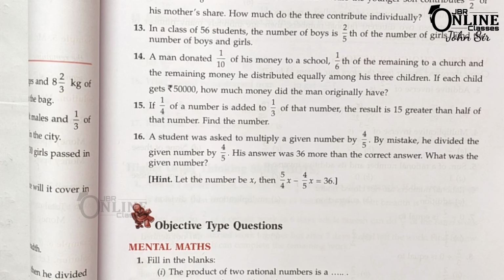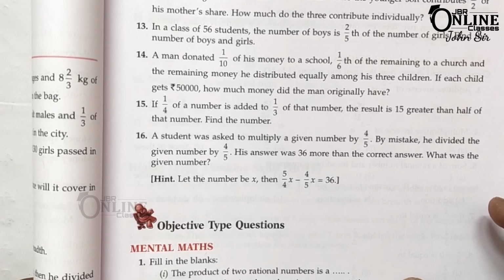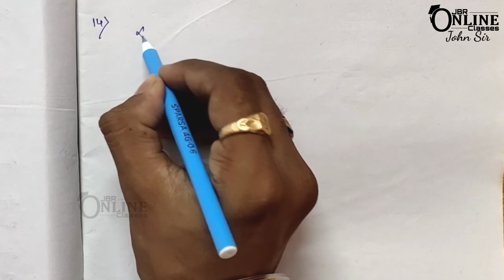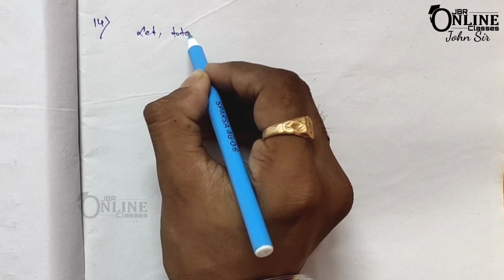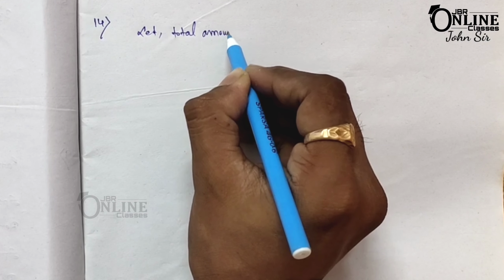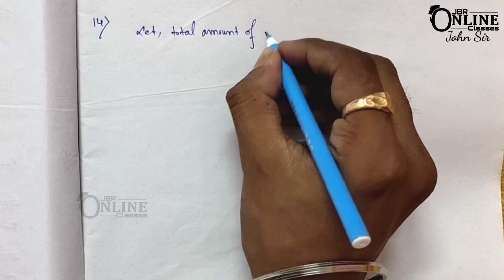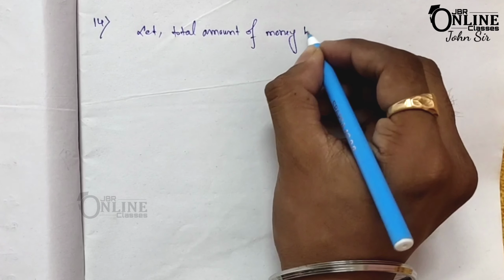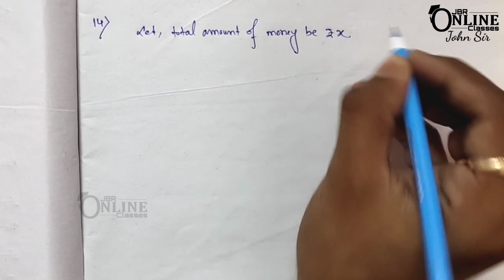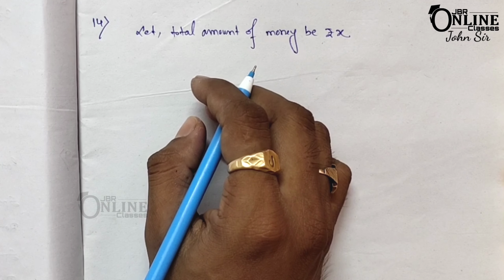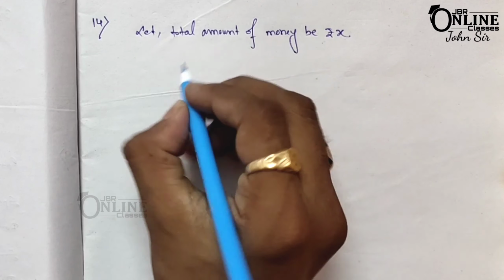Okay, so first you have to let the total amount of money be rupees x. Next, he donated 1/10 of the money to school.